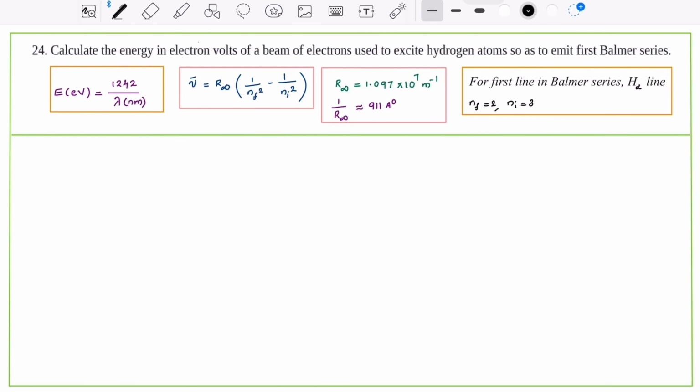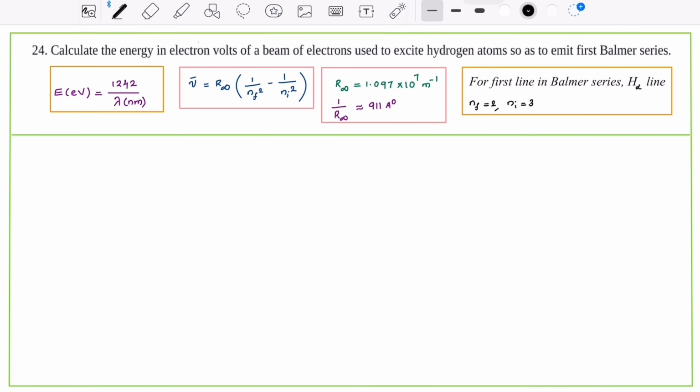The next question is: calculate the energy in electron volt of a beam of electrons used to excite hydrogen atoms so as to emit the first Balmer series line.